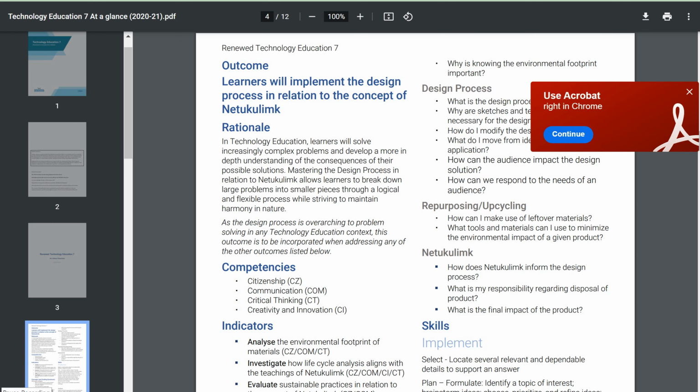Hello. So my unit plan is for this outcome here in grade 7 technology education. A learner will implement the design process in relation to the concept of Netukulimk.